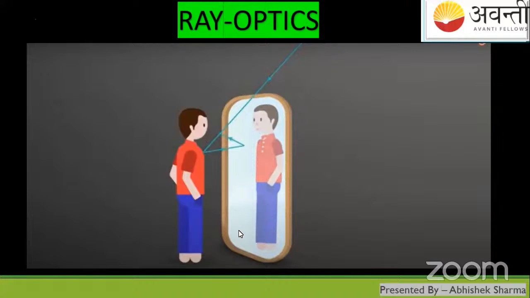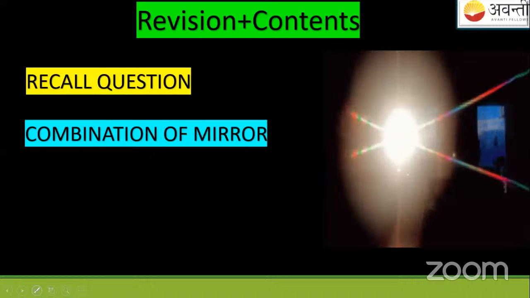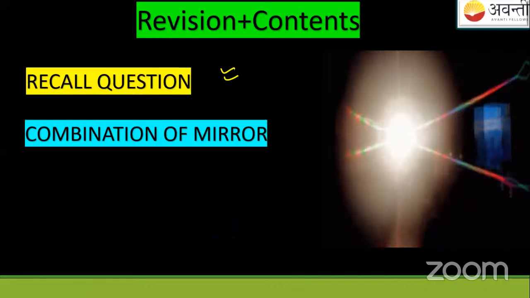So please text me in the chat box from where we left in the previous class. Okay, so you're telling that it's a question of image and object height related. That was in the spherical mirror, that is concave mirror. Great. So, recall question. I'll revise a few of the contents.